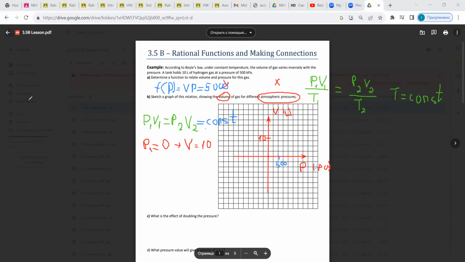So if, for the first point, pressure goes as low as 1 kilopascal, then the volume at this point should be equal to 5,000 divided by pressure, which is 1 kilopascal, which gives us a volume of 5,000 liters.